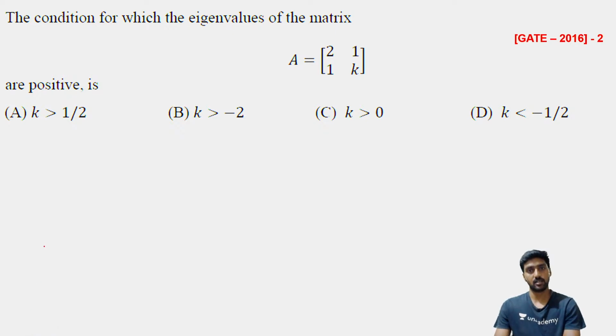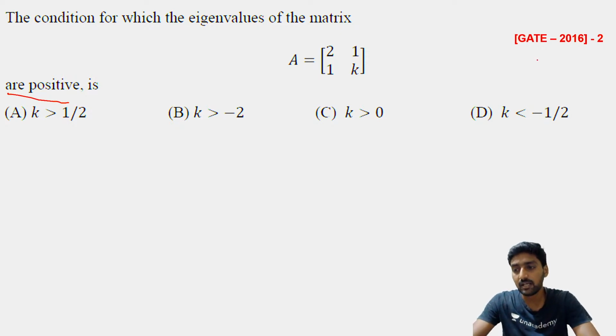Condition for which eigenvalues of the matrix are positive. What will be the condition here? K greater than 1 divided by 2, or K greater than minus 2, K greater than 0, or K less than minus 1 divided by 2. It's a Mechanical Engineering 2016 question.